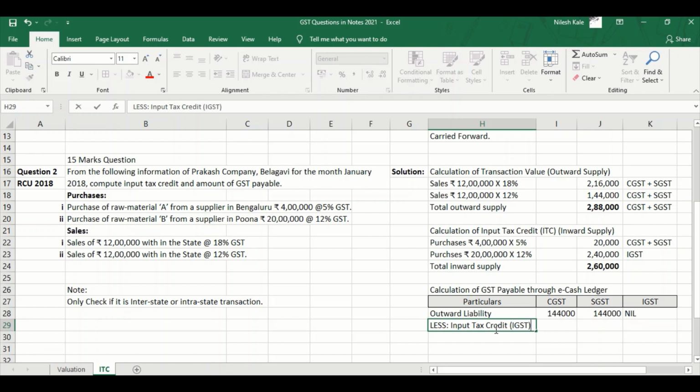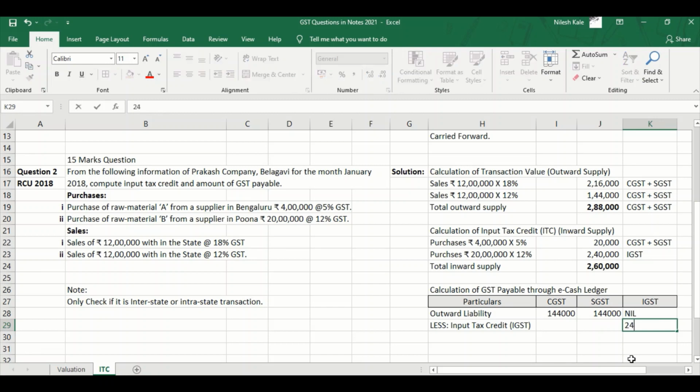This is better, right? Why am I writing IGST first? Because according to the rule, as you have seen in the previous video, there is a manner of utilization of ITC, and that says first we have to finish IGST credit if we have something, right? So look at this question, IGST credit, do we have something? Yes, 2,40,000 IGST credit we have, right?